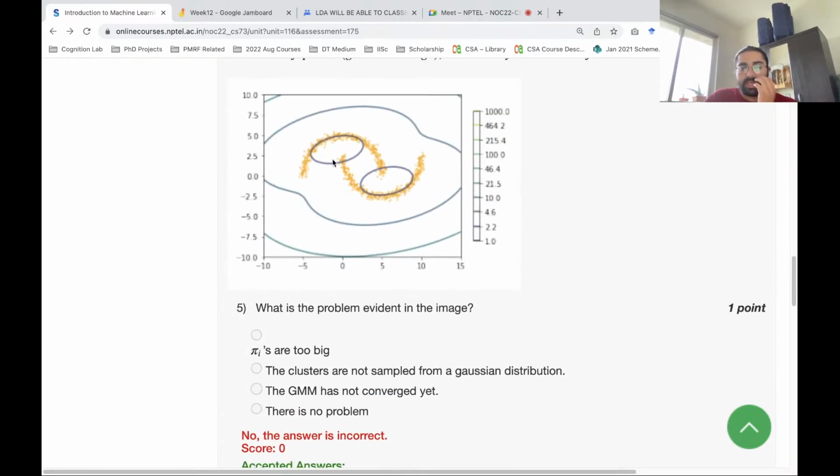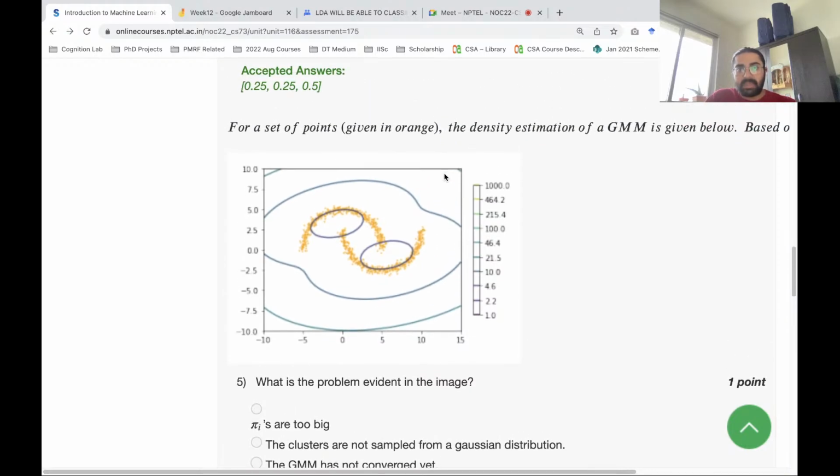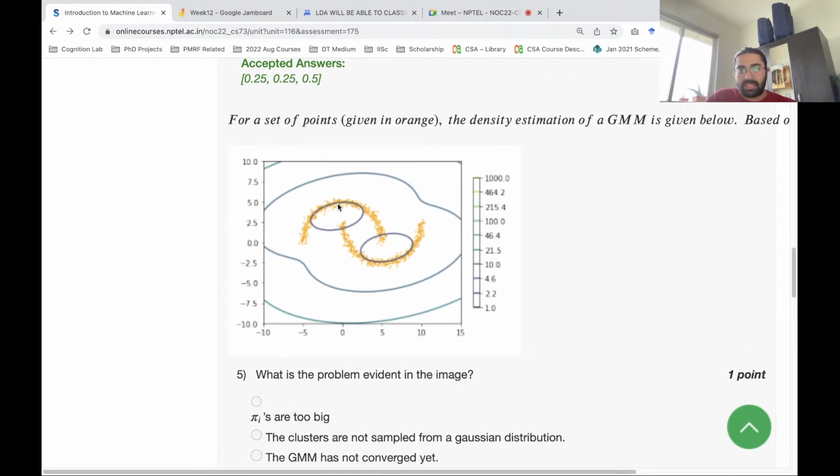The point here is that these are all the points given to you, and the estimation is using two Gaussians. These are very clear. But the mean and the variance that these two Gaussians ended up having was in this format, right? So we had points like this, and these are basically two mountains here.